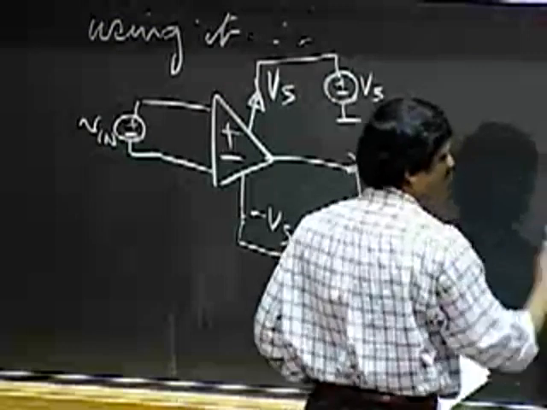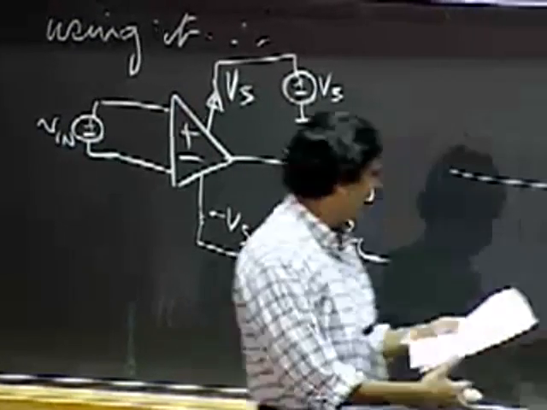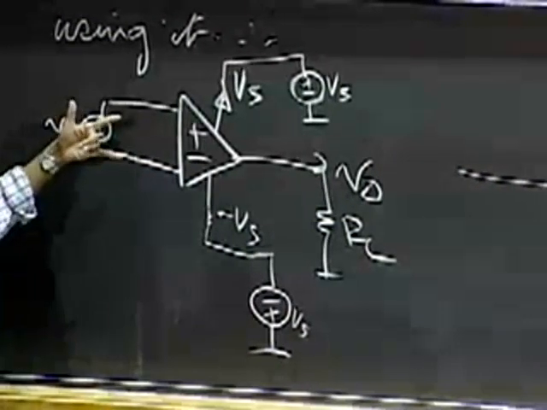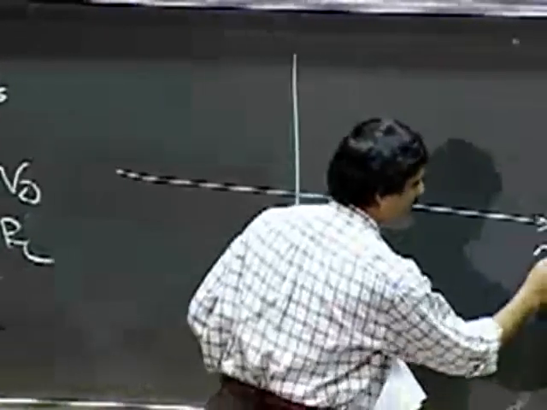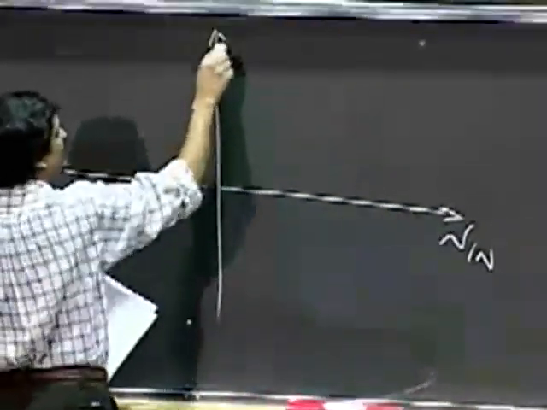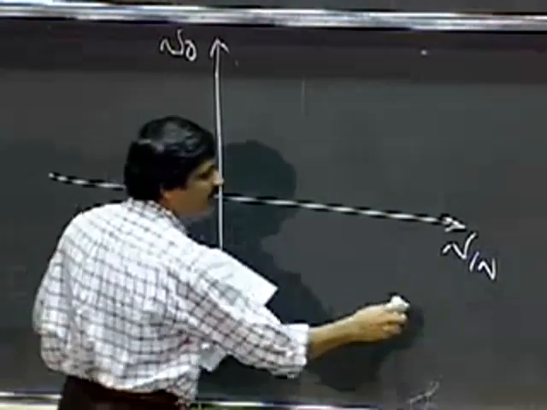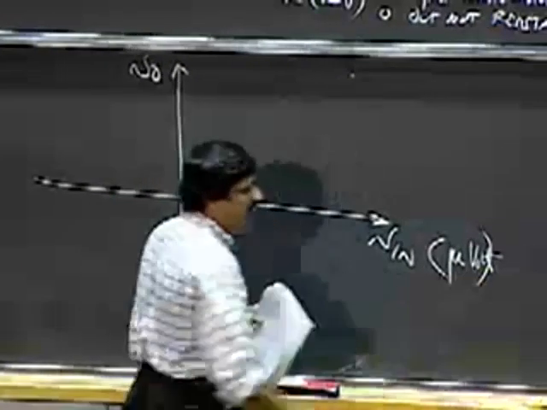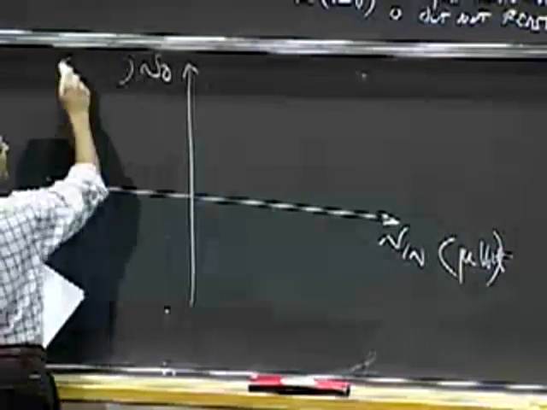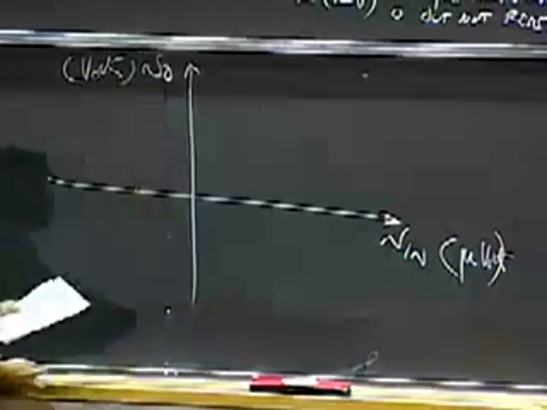So first of all, what I'd like to do is, as I change V in, I want to plot for you how V out looks. V in, and this is VO. Okay, I'm going to plot V in in terms of microvolts, and VO in volts.